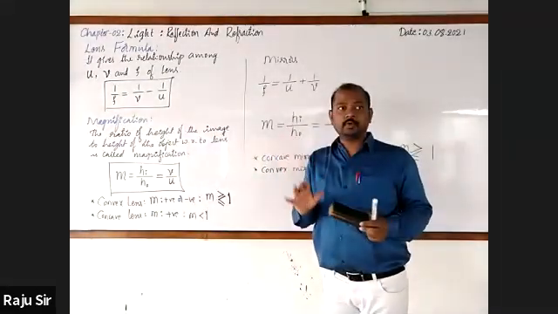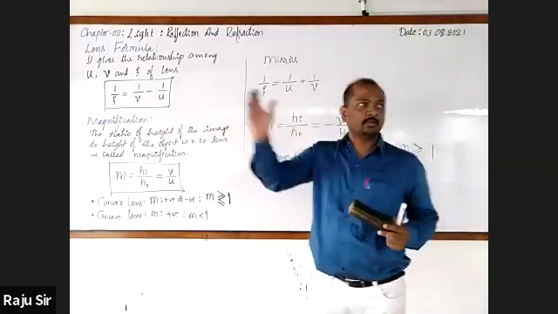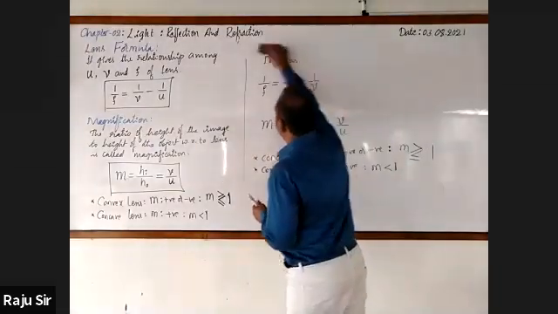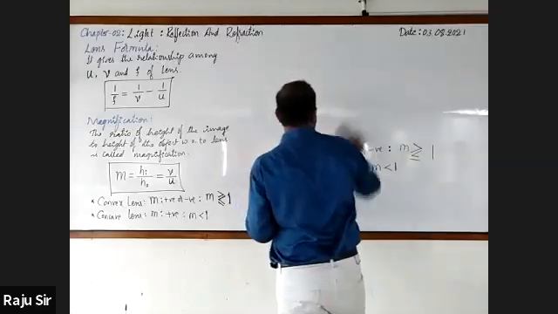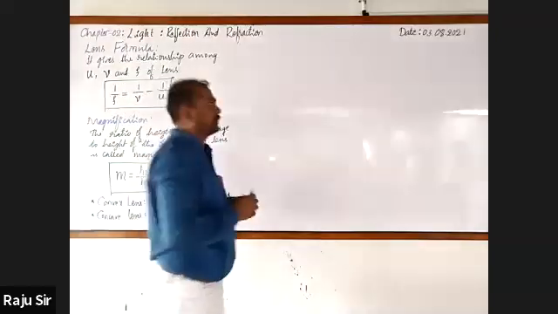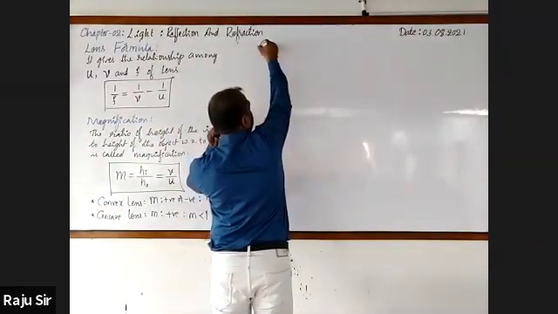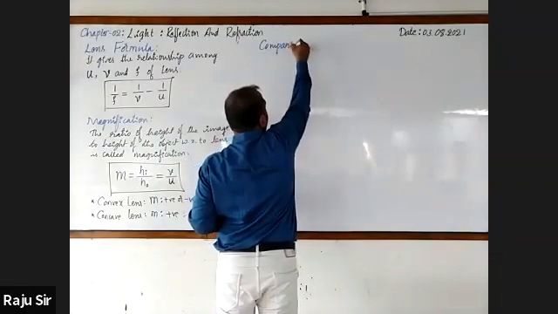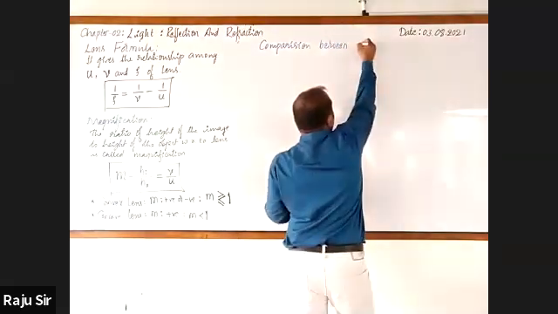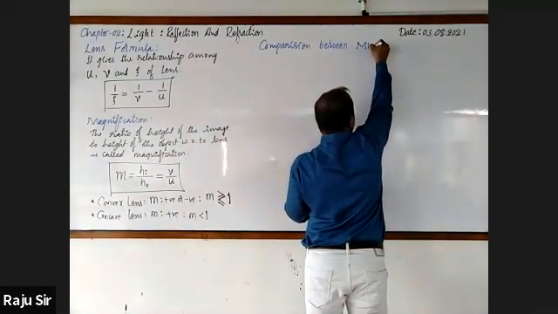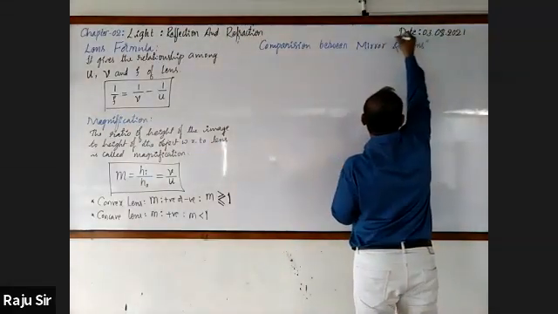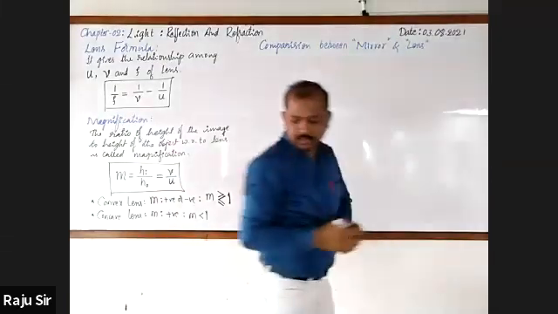Now I'm going to give you a table with respect to mirror and lens, so that we understand the difference well. Right, side heading, just for your information only: comparison between mirror and lens.